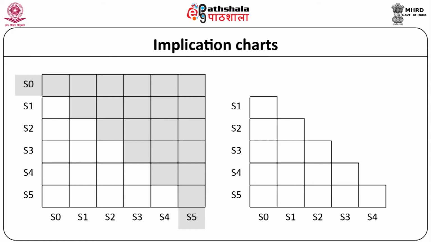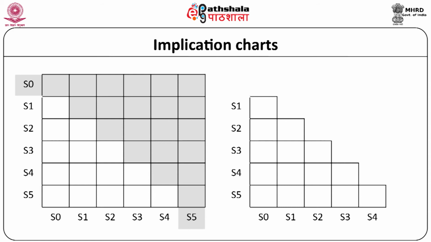The intersection of horizontal and vertical state spaces indicates a possible state equivalency. The figure shows a typical implication chart for a state machine with 7 states.